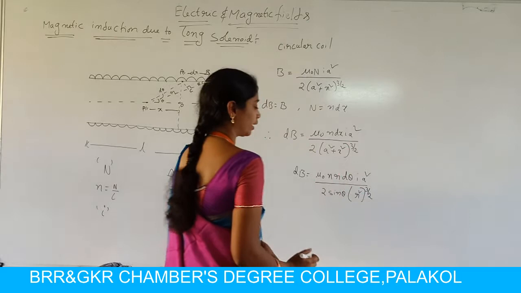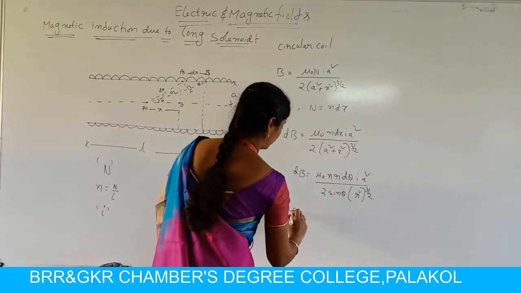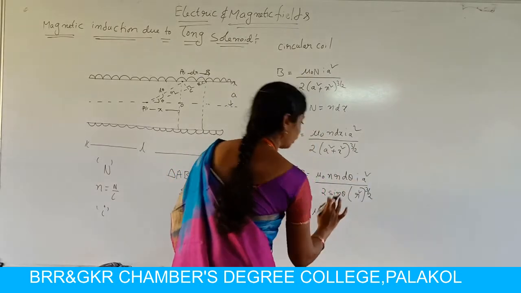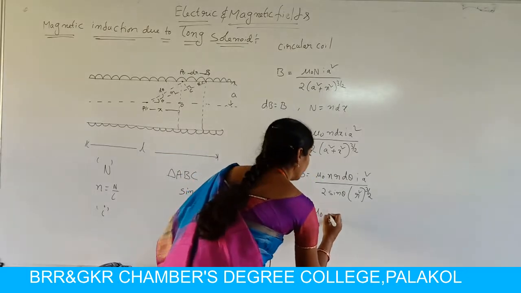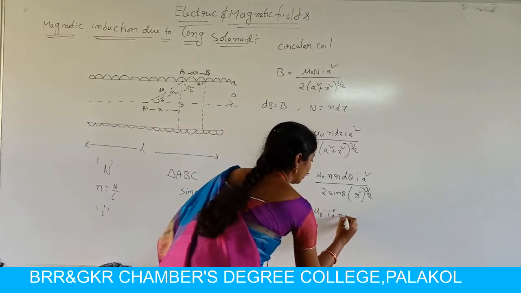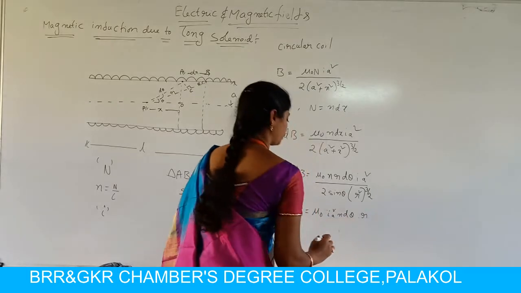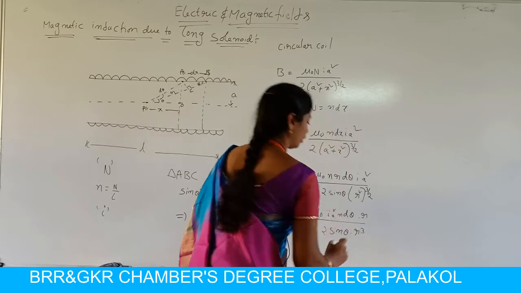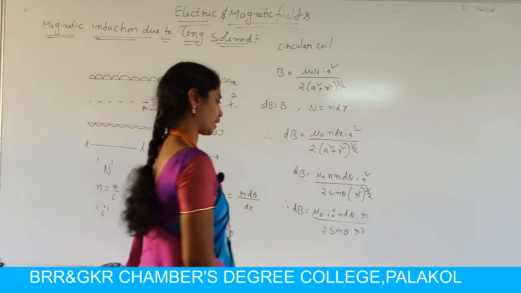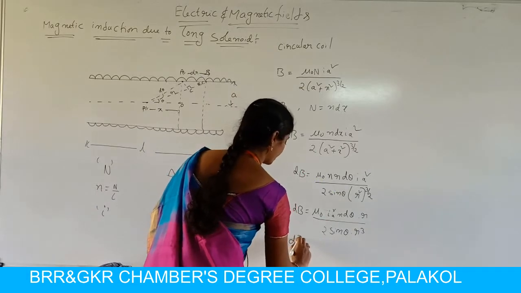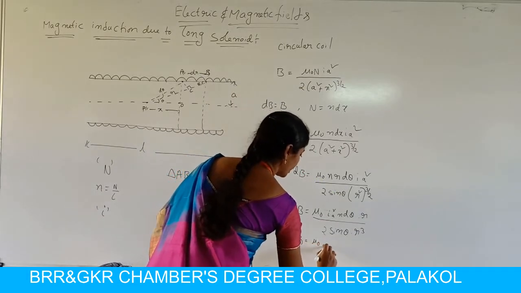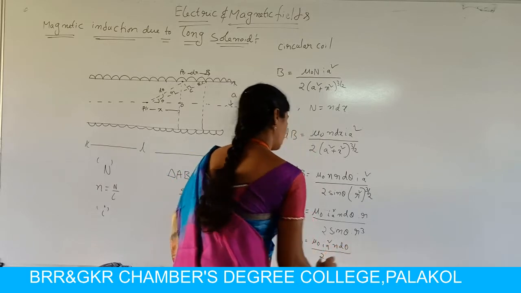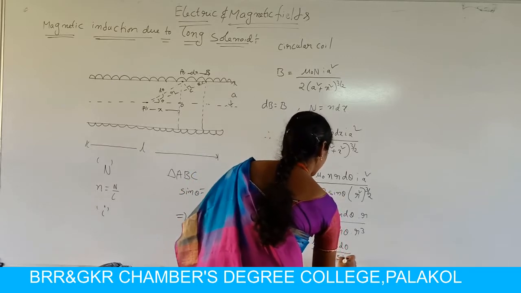By cancelling, we have dB equal to mu naught I a square n d theta into r by 2 sin theta into r cube. With r in the numerator and r cube in the denominator, cancelling a single r, dB is mu naught I a square n d theta by 2 r square sin theta.